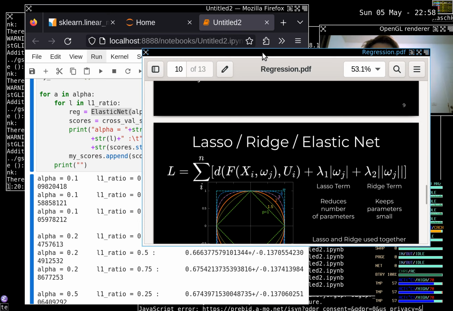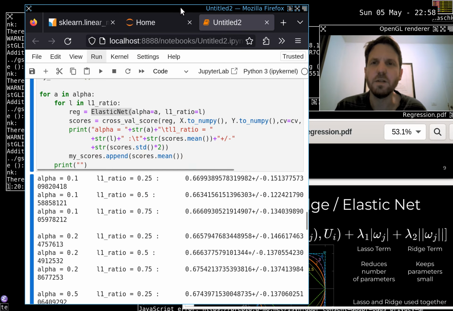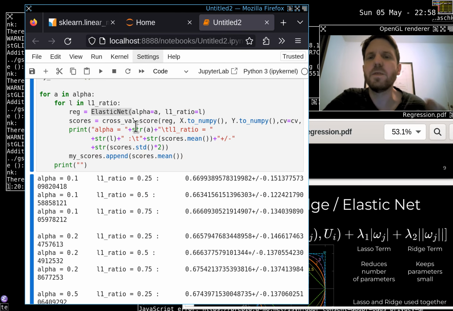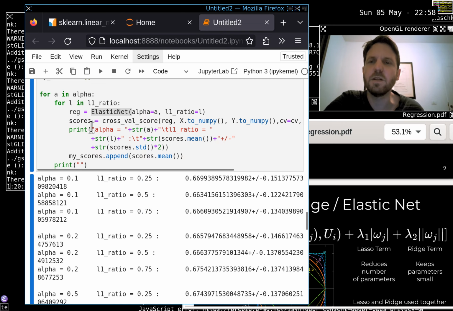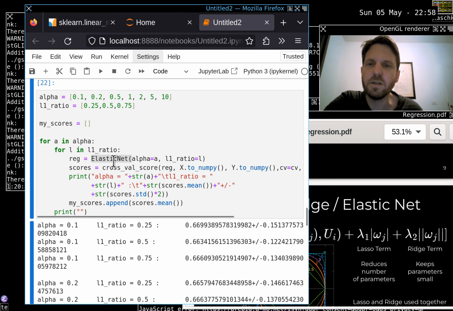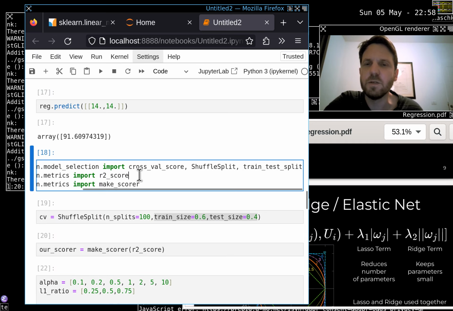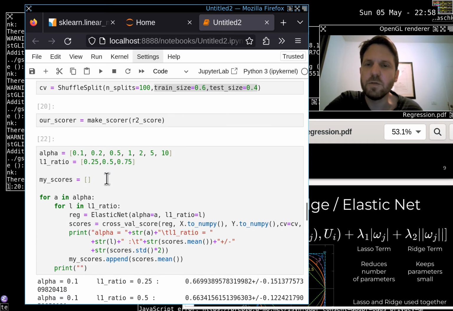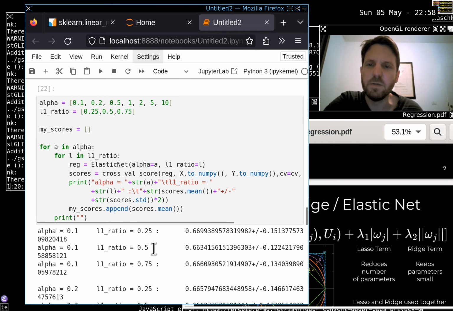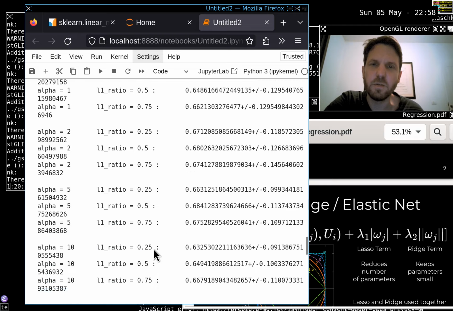But in this overview, this is just a story on how you can use this: how you can perform a regression, how you can score a regression with the R2 score, how you can use the R2 score in a cross-validation in order to find the right model. Here we see that all the model scores are kind of the same.